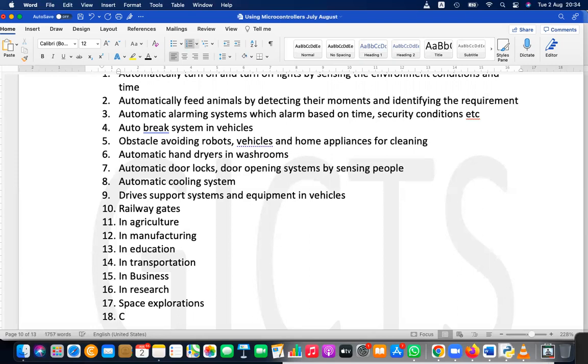So it's used everywhere. You can mention these. The first few examples are specific. The second set of examples that I wrote now are just fields.